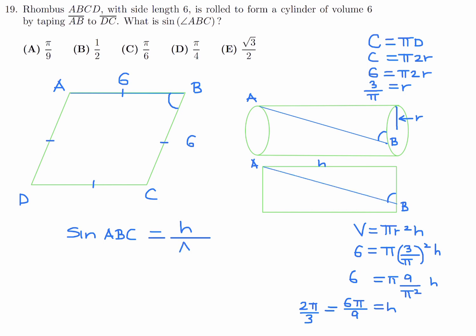So it's h over AB. h we just found was 2 pi over 3, and AB is 6. So this becomes 2 pi over 3 times 1 over 6, and that is 2 pi over 18, or just pi over 9 in lowest terms. So for number 19, the answer is A.